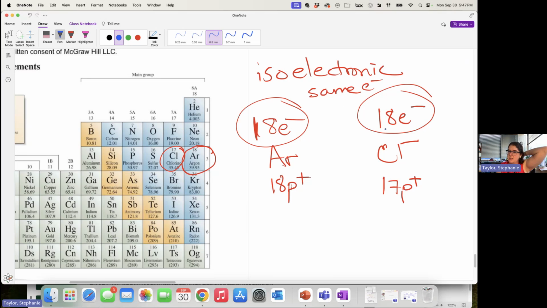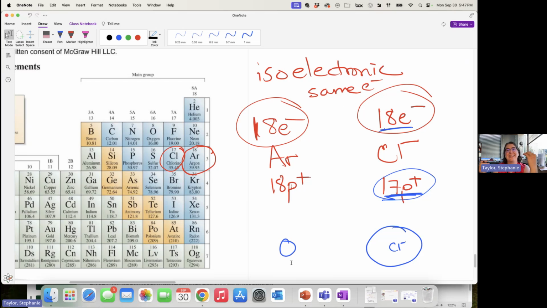Then chlorine has the exact same number of electrons, but it's trying to hang on to them with only 17 protons. So if argon has 18 electrons held on with a positive charge of 18, when you go to chlorine, this is going to be larger than argon because it's trying to hold on to an extra electron with less positive charge.